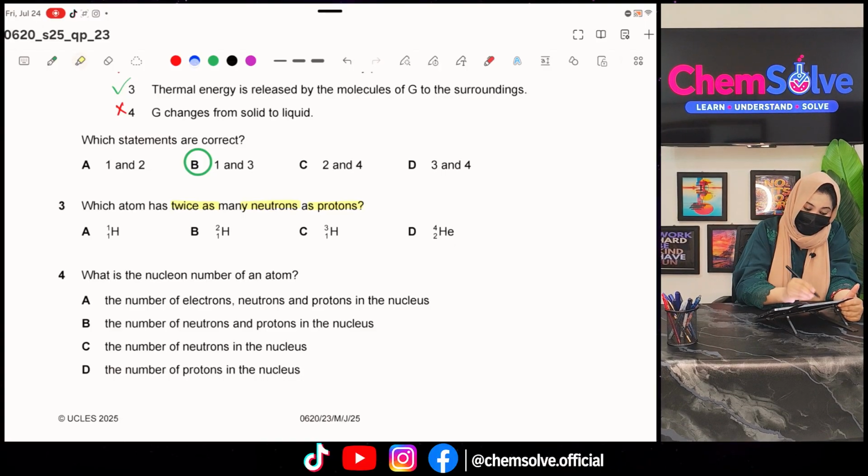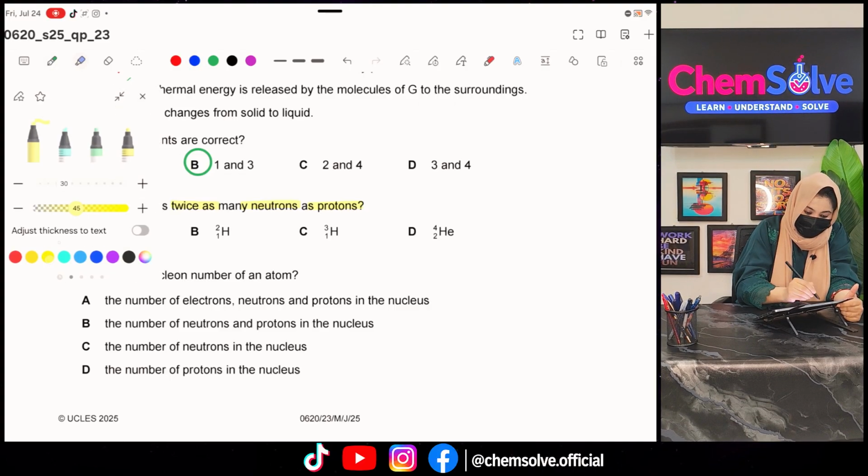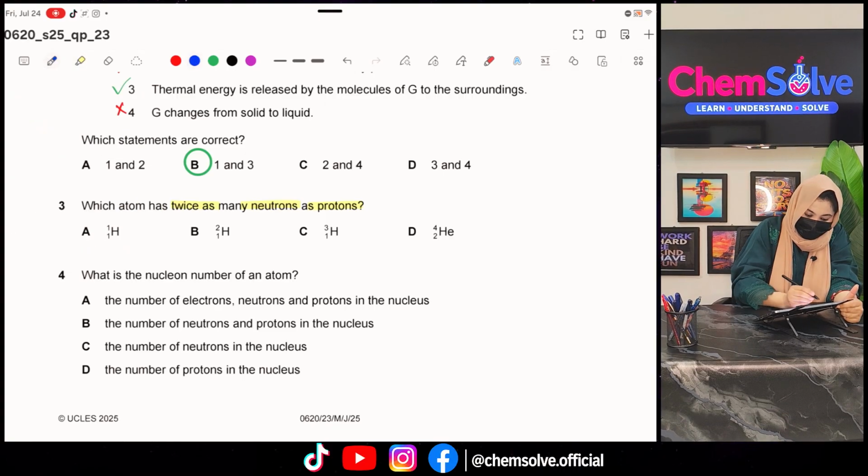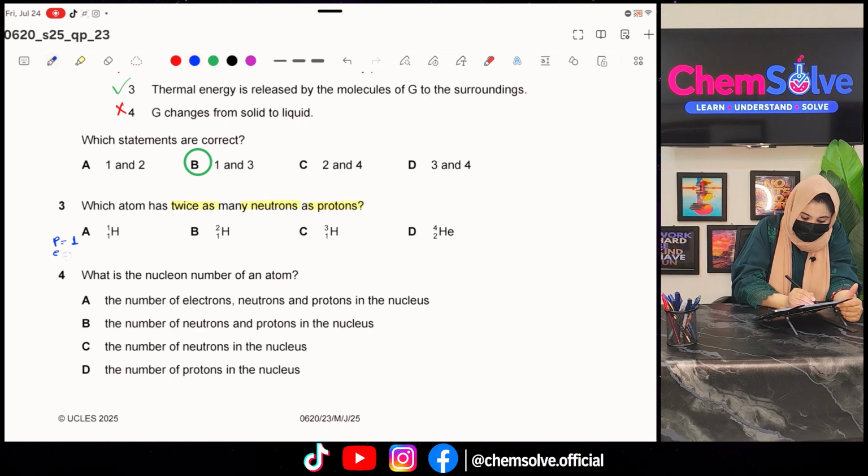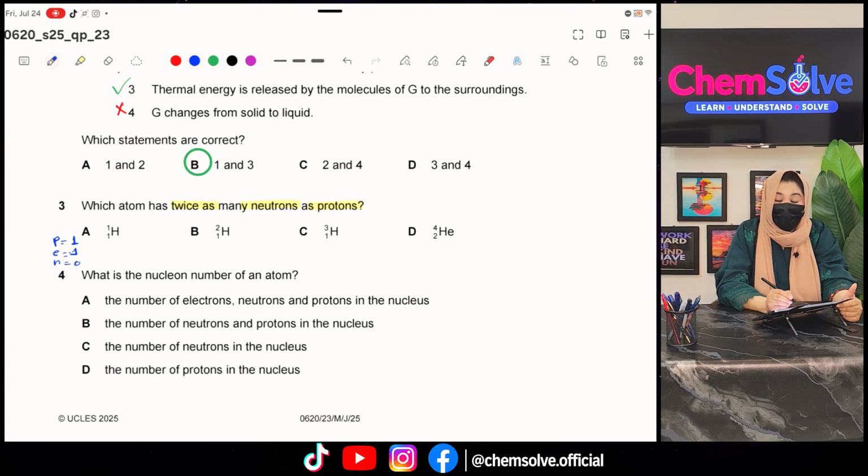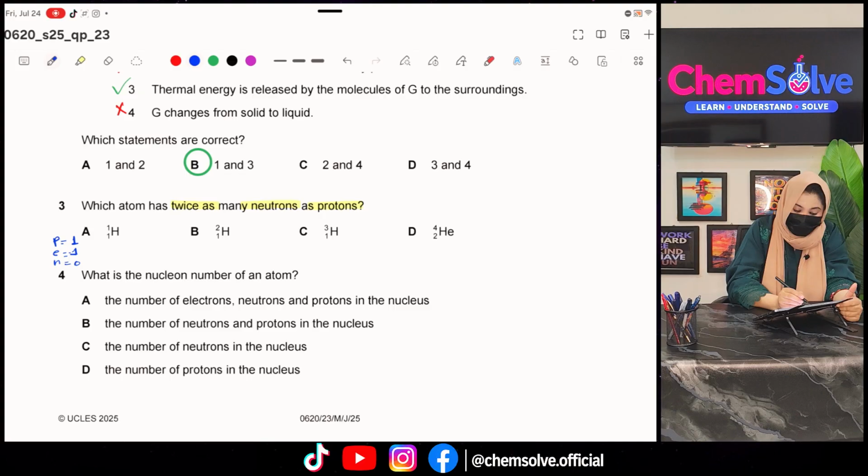For the first one, it has proton 1, electron 1 and neutron 0, because neutrons we get by subtracting the atomic number from the mass number.